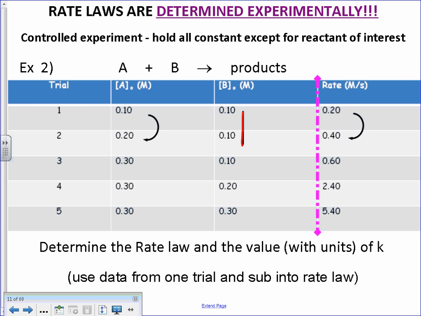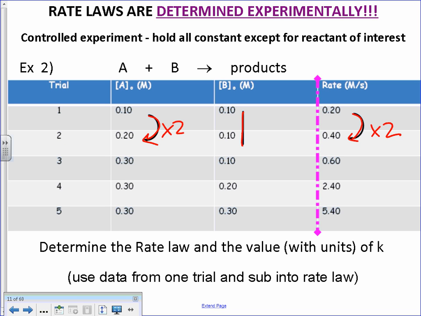I always just draw a straight line to indicate that those are constant. But what happened to the concentration of A? From trial 1, it doubled. So 0.1 molar to 0.2 molar means it doubled. So then how did that impact the rate?